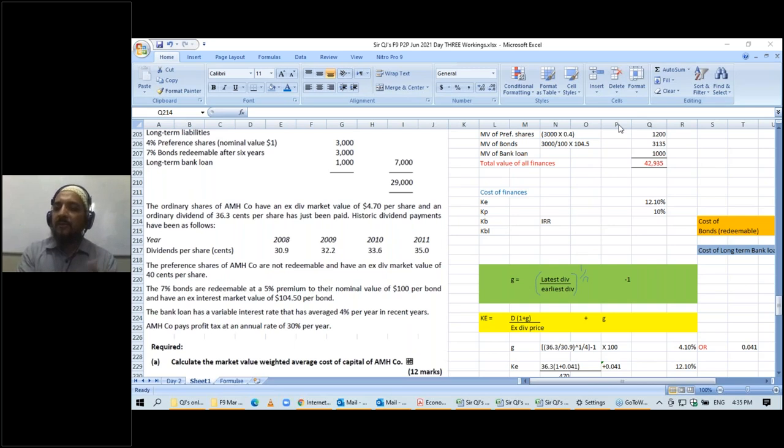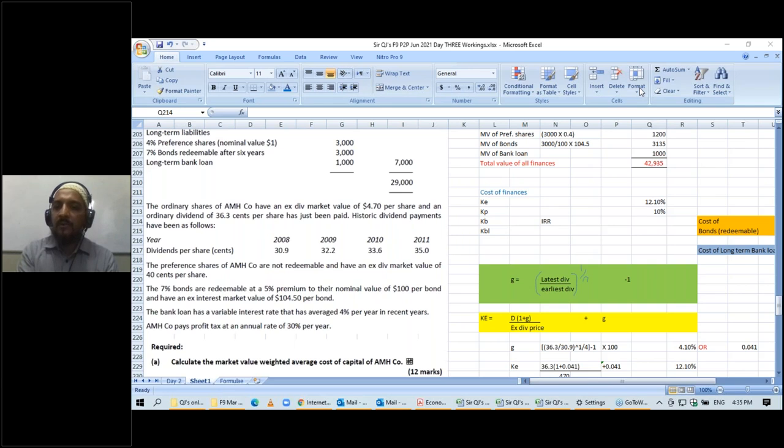Like in preference shares, I divided the preference dividend by the market value. So in case of irredeemable, you directly divide the return by the market value. But in case of a bond which is irredeemable, you will include the 1 minus t element to adjust for the tax shield. Okay, I'll give you the formula for it.